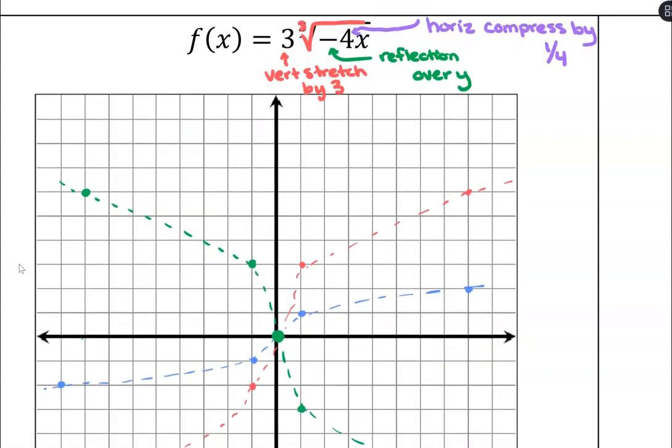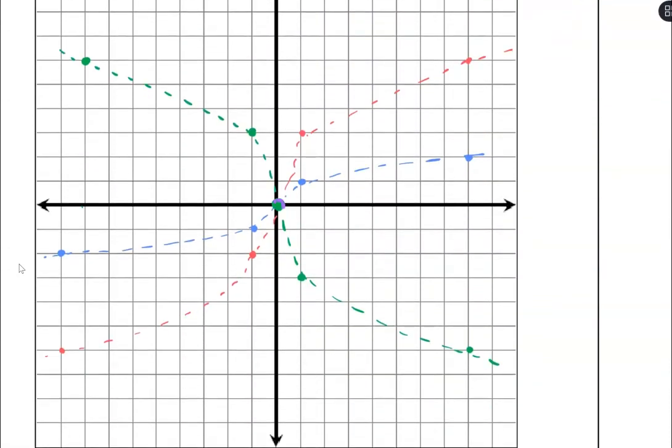And last up, horizontal compression by a fourth. So we're still going to have 0, 0. 0, 0 is just going to move if we had a shift of some sort. Let's see, I'm focused on these green dots. So horizontally, I have a distance of 1 there. I want to change that to a fourth, which is very tricky there. What'll be easier to see is this distance of 8.